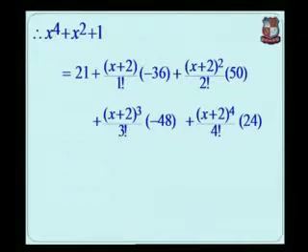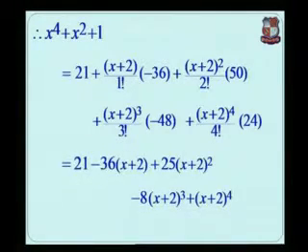Now the first term as it is 21. In the second term 1 factorial is 1, so the second term will be -36 into (x+2). In the third term 2 factorial is there, 2 factorial is 2, so 50 by 2 gives us 25 (x+2)². In the fourth term 3 factorial in the denominator, so that is 6, so -48 divided by 6 gives us -8 (x+2)³, and 4 factorial is 24, so the result is (x+2)⁴.